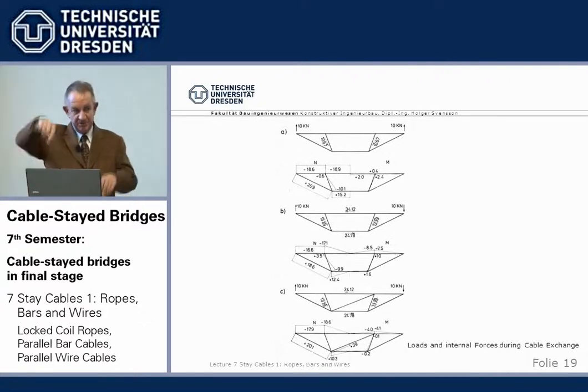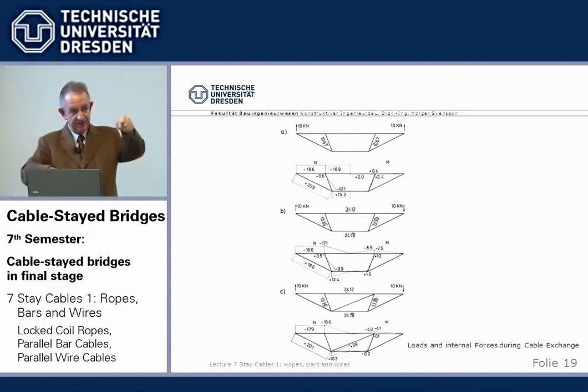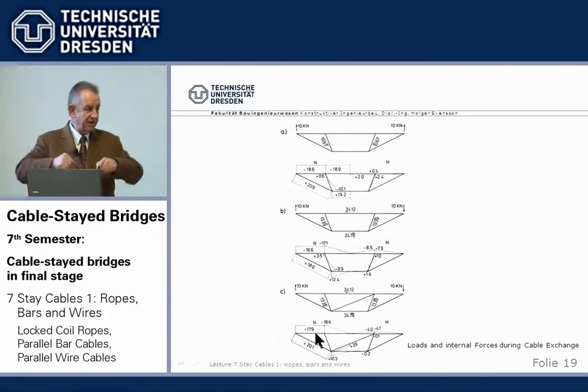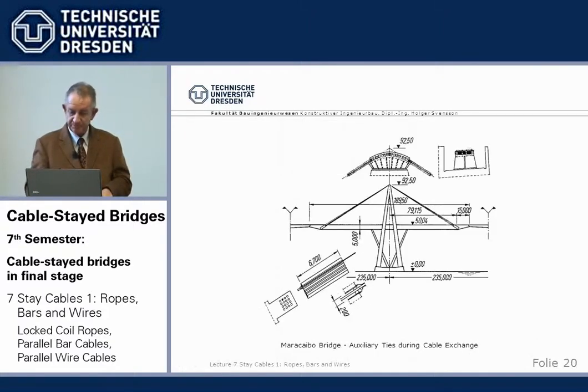Because we have to take out only one cable on one side, we have a big torsional moment there, and the steel cross-section couldn't take it. Suffice it to say, wherever a cable had to be exchanged, an auxiliary steel diagonal had to be installed in the box so that it was able to take the temporary torsion.